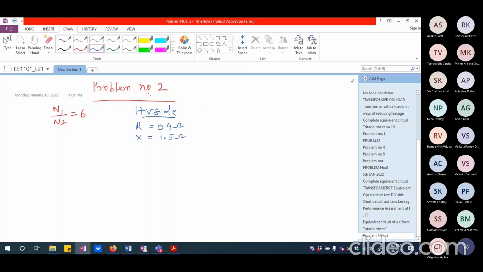And low voltage side, resistance is 0.13 and reactance is 0.1855 ohm.